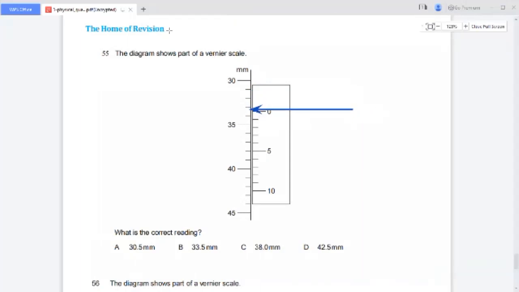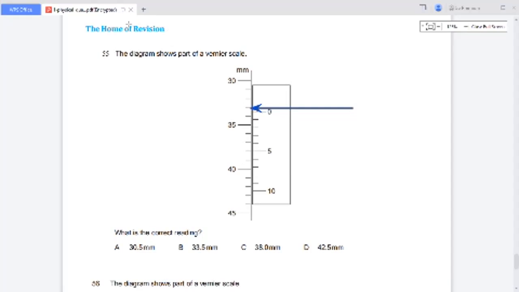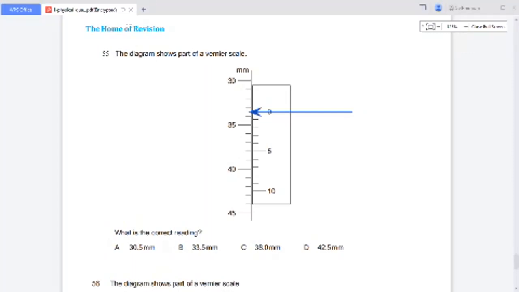So it is in between 33 and 34. Keep in mind the scale is in millimeters, so it is in between 33.0 and 34.0.